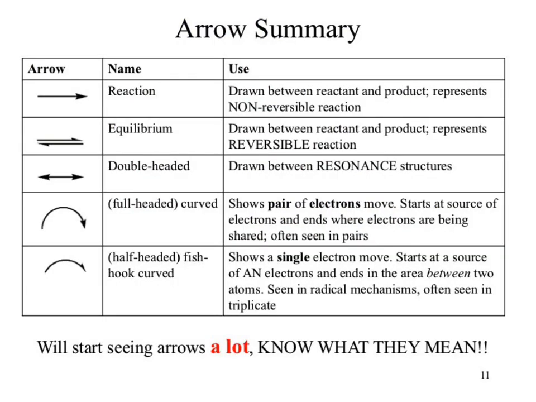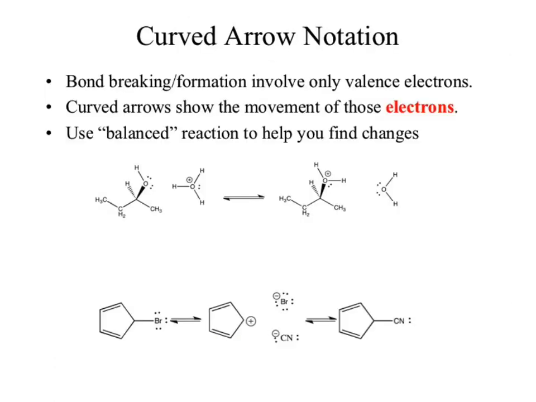So, arrow summaries. I believe this summary has popped up before. You need to know what each of these arrows means, okay? Because you will be using them a lot. Primarily the curved full-headed arrow and probably also the double-headed arrow for resonance, okay? You need to be super familiar with using those and how to use them, okay?